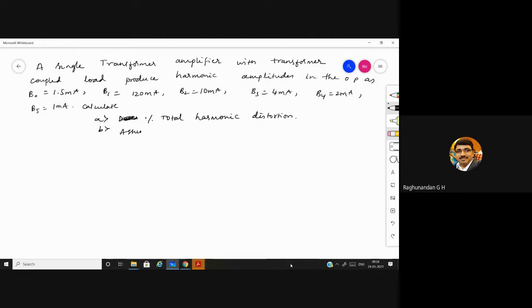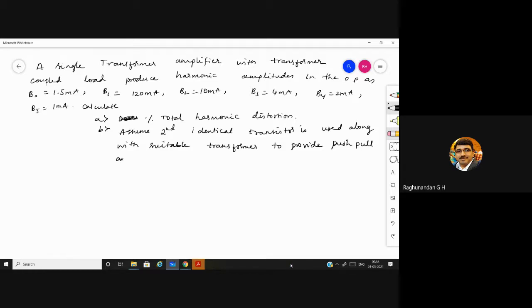Second one, assume a second identical transistor is used along with a suitable transformer to provide a push-pull amplifier.